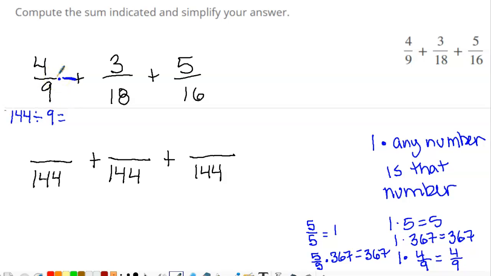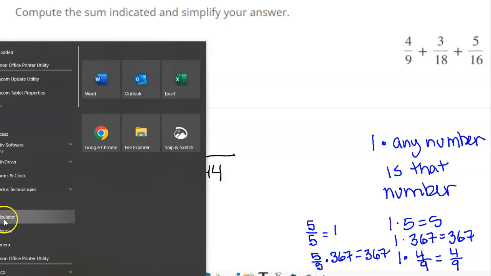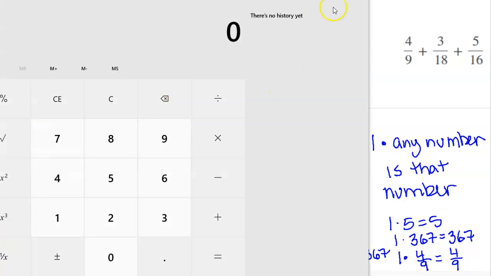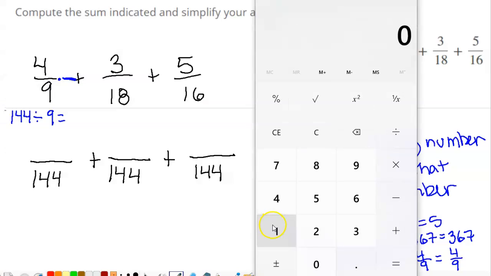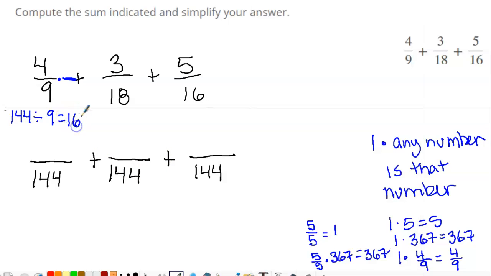So either by hand or with a basic calculator, we can do this. 144 divided by 9. So my calculator just told me that when I divide 144 by 9, I get 16. That means that 16 times 9 is 144.